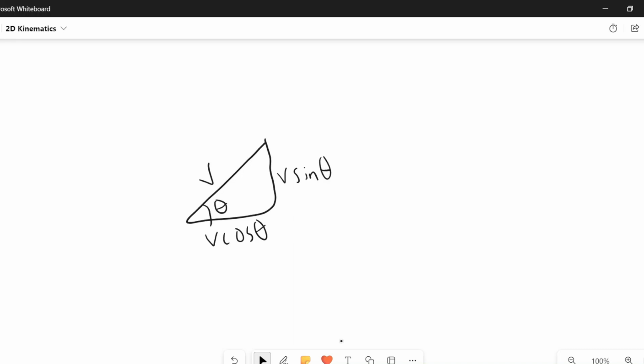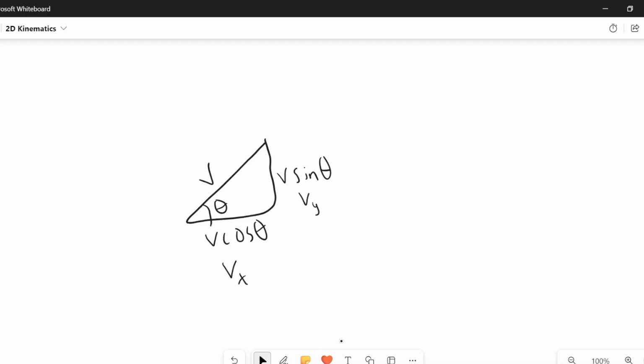That's basically all you need to know. You can split the vector into its components, and this is very useful in 2D kinematics. Basically, the horizontal can be represented as vx, and the vertical can be represented as vy.